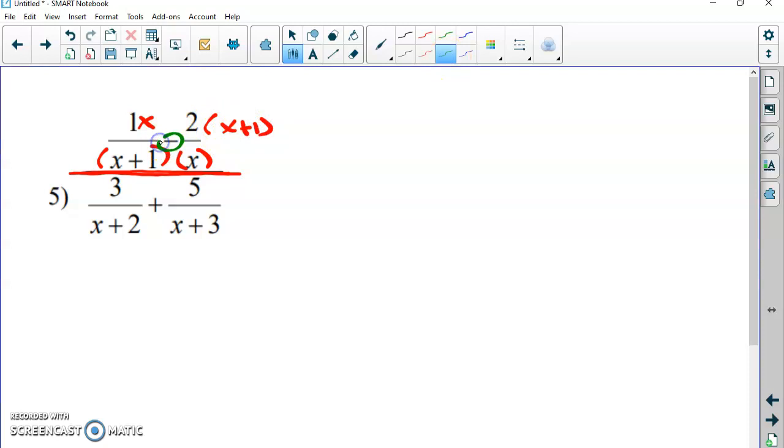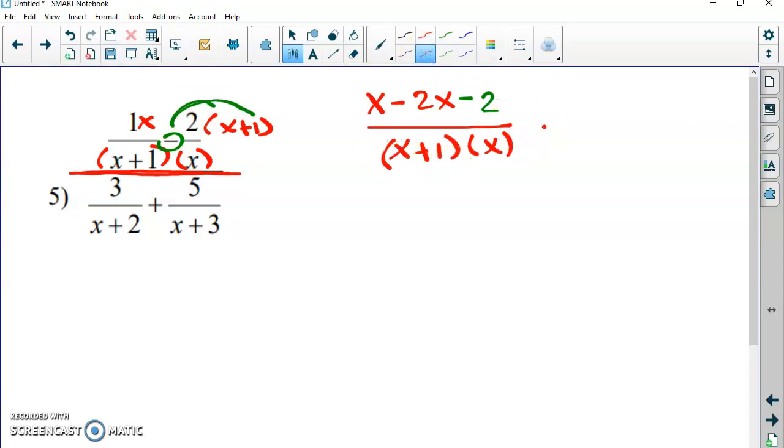Notice we have a subtraction sign, so we got to be careful there. So our numerator is going to be x minus 2x minus 2 over x plus 1 times x. Simplifying that, we have negative x minus 2 over x plus 1 times x.